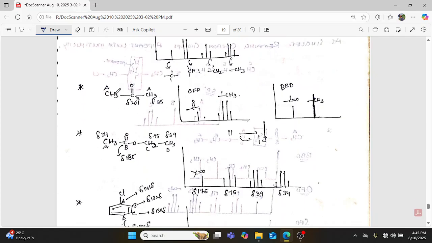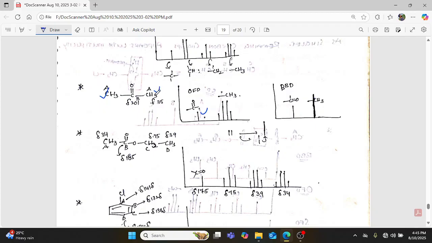See this one. Here we have two types of carbons. This is A type, this is B type. So two signals we will get. For the C double bond O, there is no hydrogen attachment, that's why it appears as a singlet. For the other carbon, how many protons are attached?